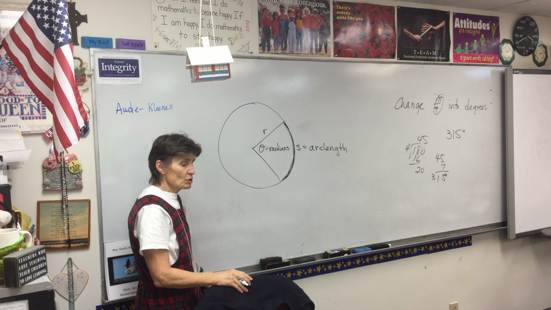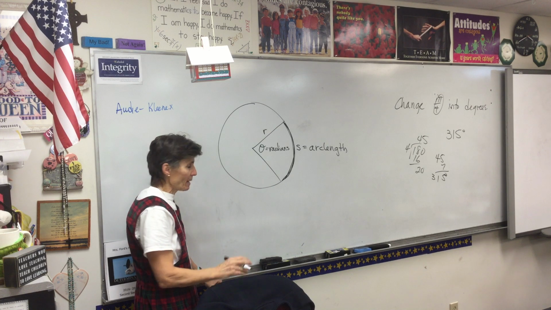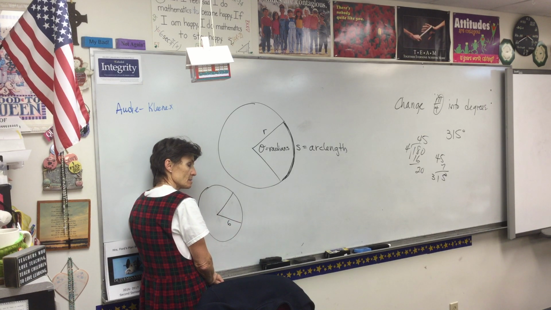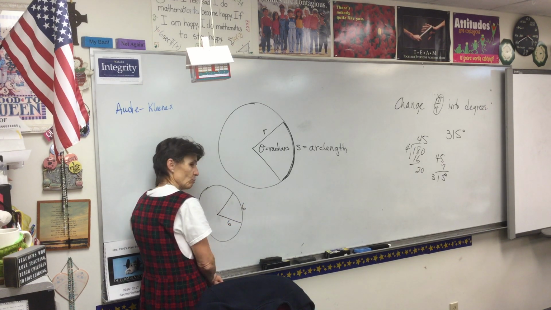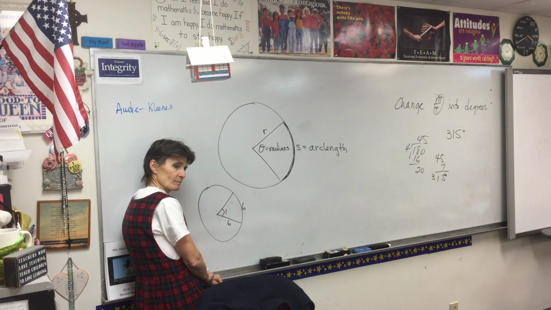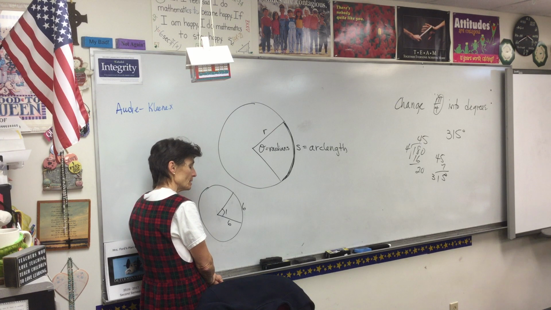Now I want you to think back to what we talked about last time. I said that if the radius was 6 and our arc length was 6, that would be 1 radian. That's the definition of a radian.